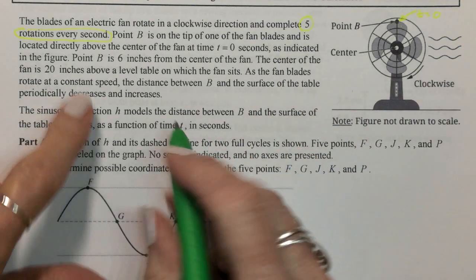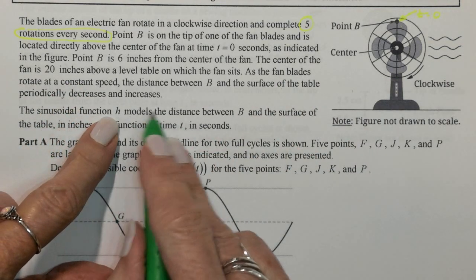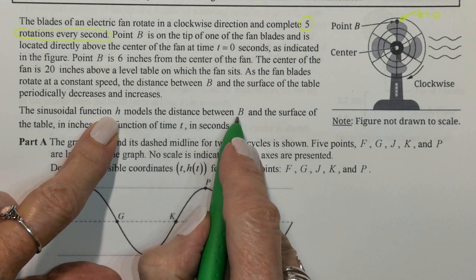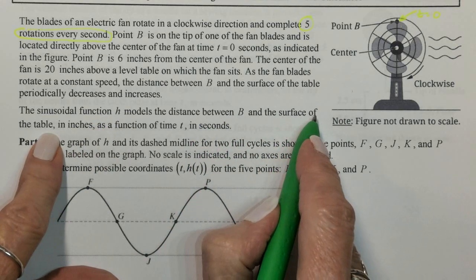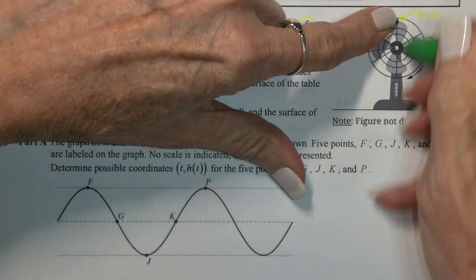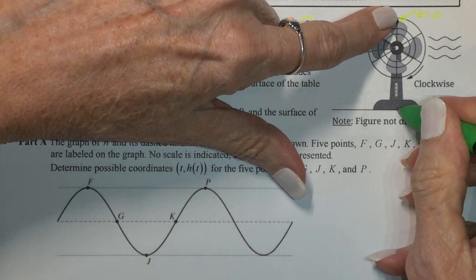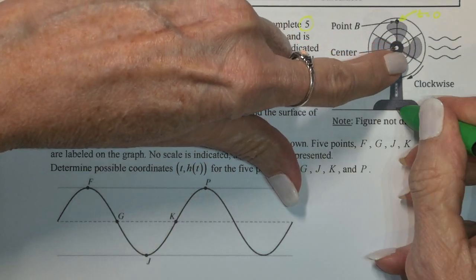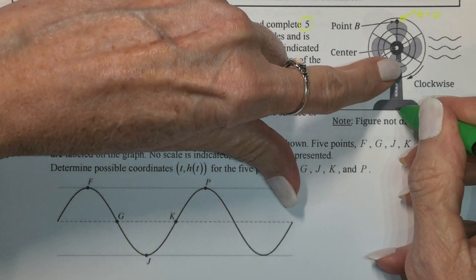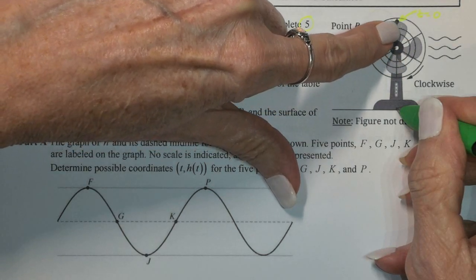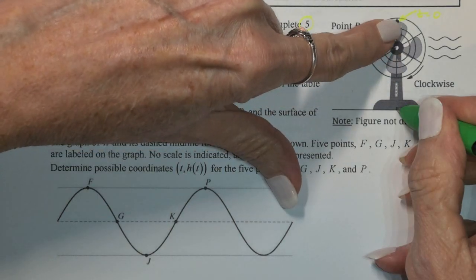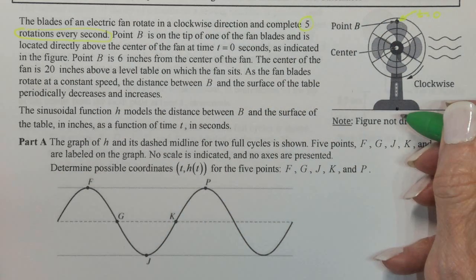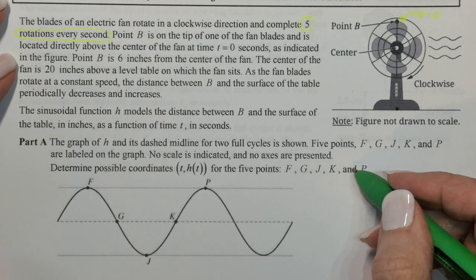The sinusoidal function h models the distance between B and the surface of the table. So as the fan rotates, the distance goes down, and then the distance increases, and then decreases, then increases, then decreases, and increases. So it's periodic how it does that.